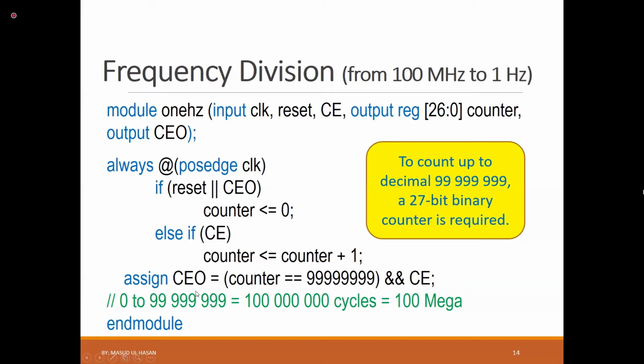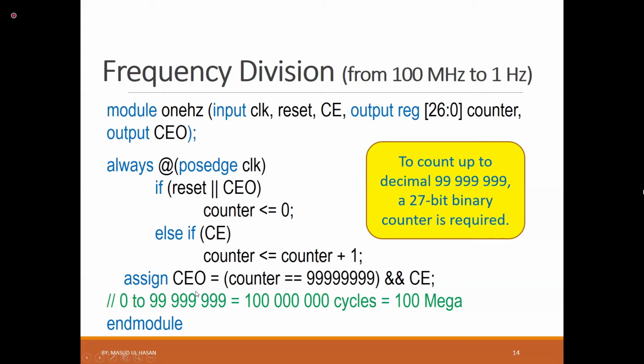See, this is a 4-bit counter. If this is a 4-bit counter, is there any clock gating? No. If we make the same counter of 27 bits, we are not cascading any other counter.